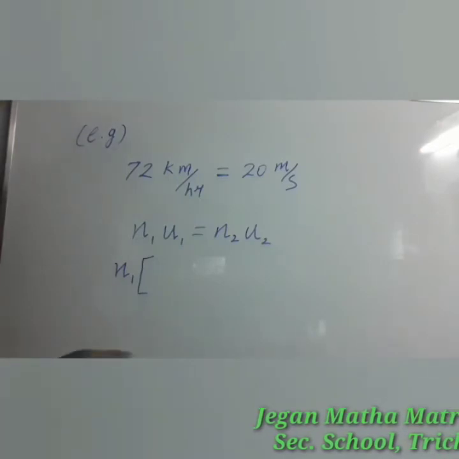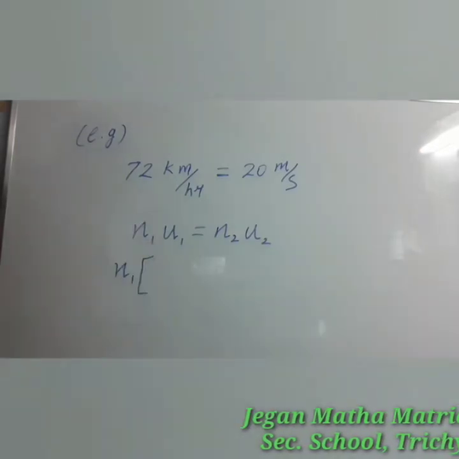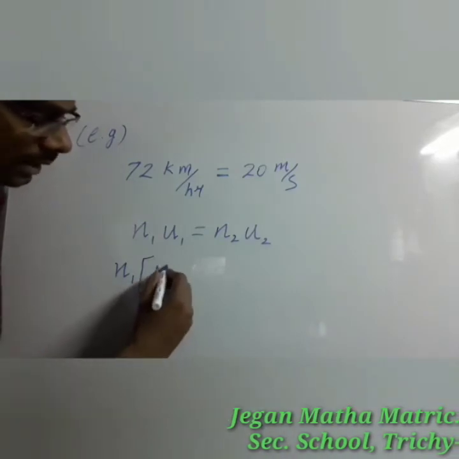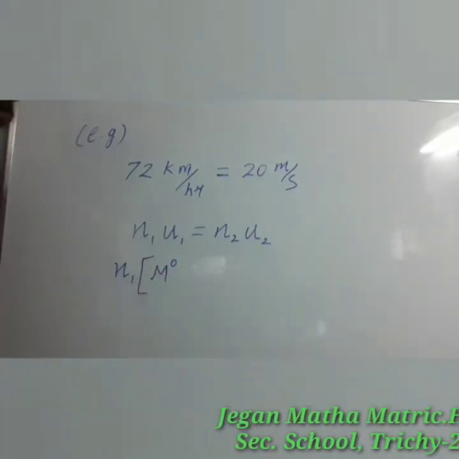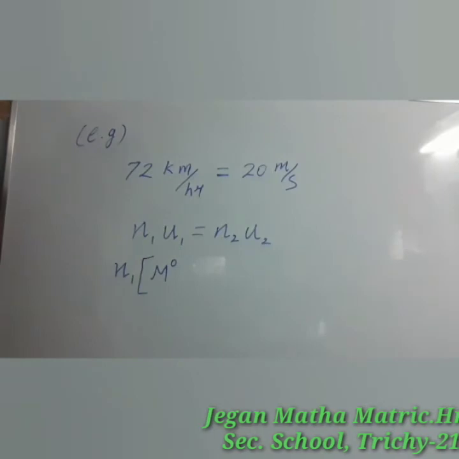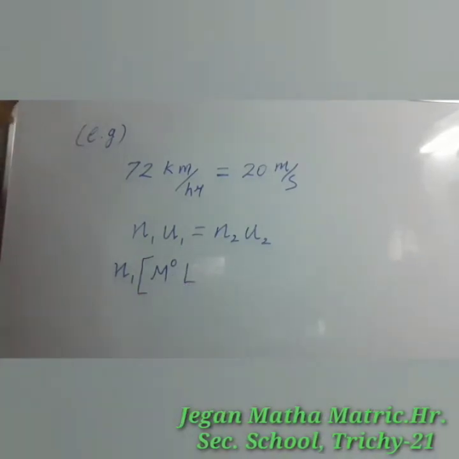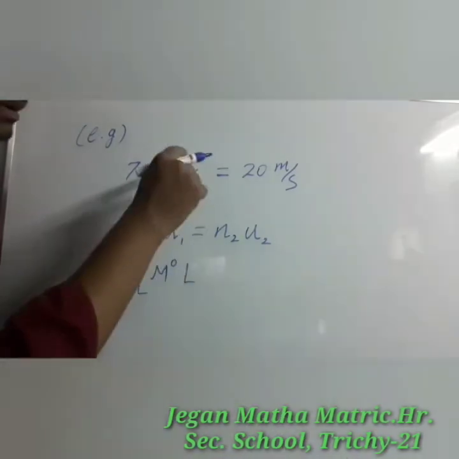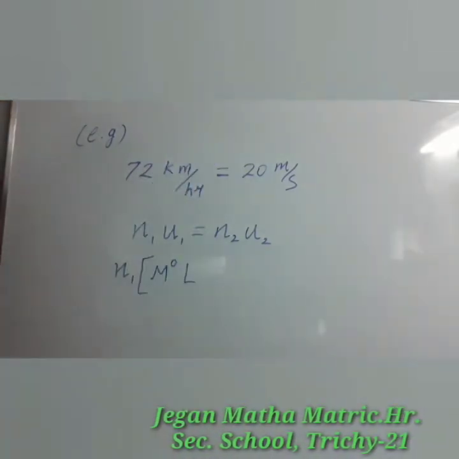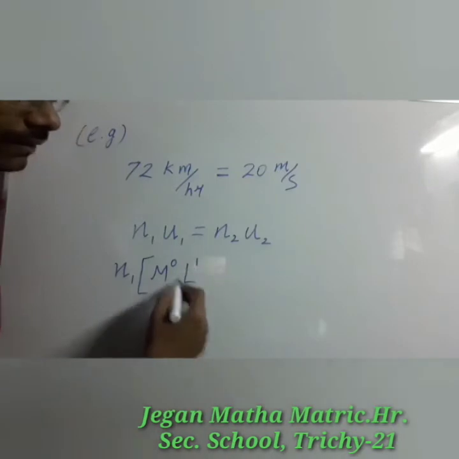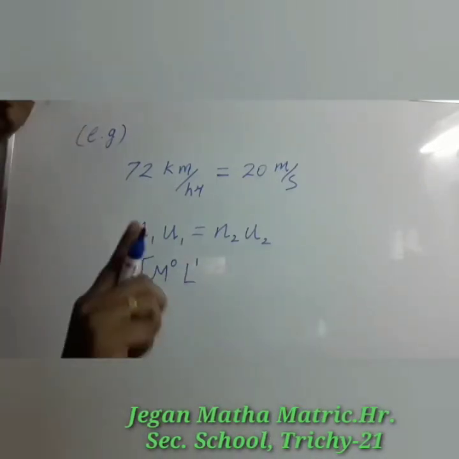There is no dimension for mass in velocity, so we write M power 0. Kilometer is length, so what is the dimension for length? L, power 1. So the dimension of length in the physical quantity velocity is 1.